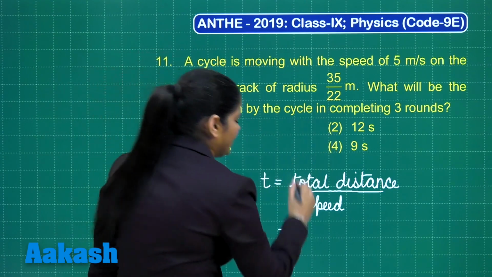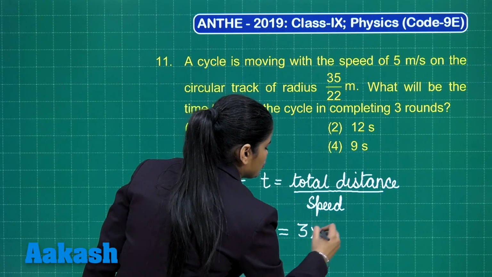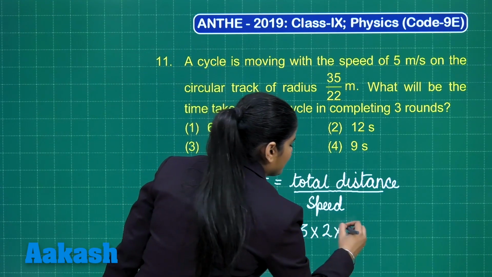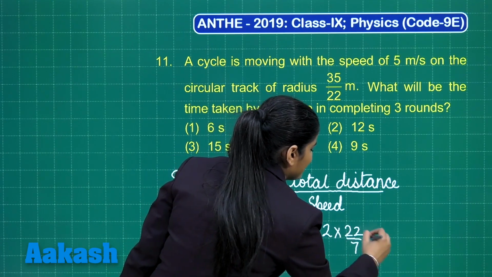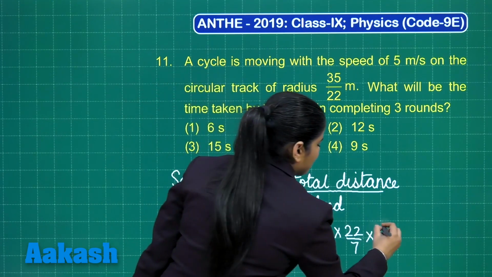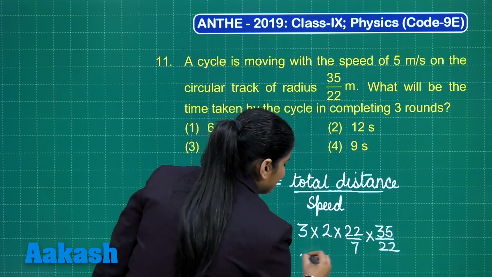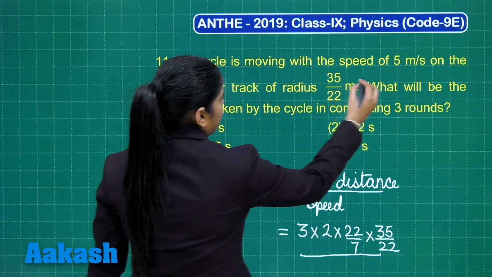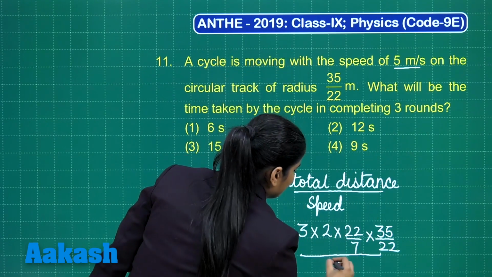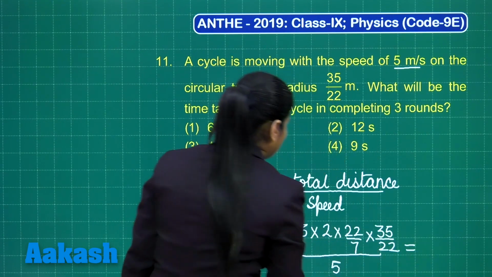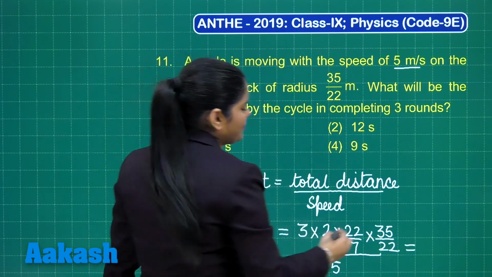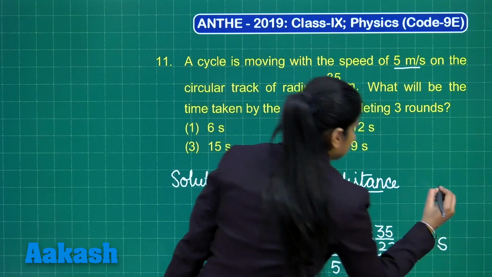In 3 rounds it will be equal to 3 into 2 pi r. Pi is 22 by 7 and the radius is 35 by 22. When you divide this by the speed, that is 5 meter per second, you will get the straightforward answer, that time comes out to be 6 seconds.